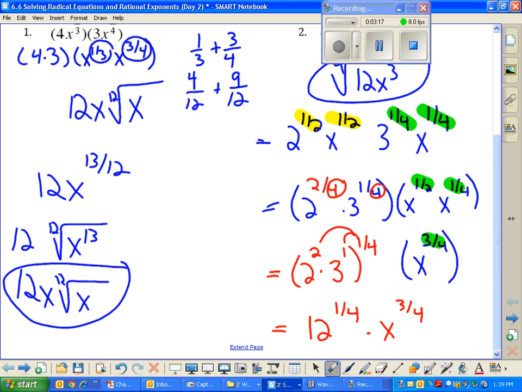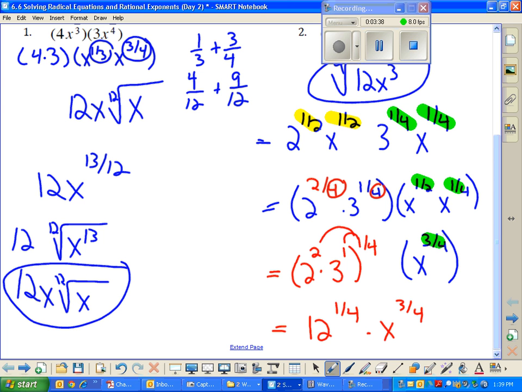Now here's where the rubber hits the road on this particular problem. We had to find a way to simplify 2 to the 1/2 times 3 to the 1/4. Ms. Goldstein and I saw it two different ways. I'm going to talk about mine, and then she's going to talk about hers.